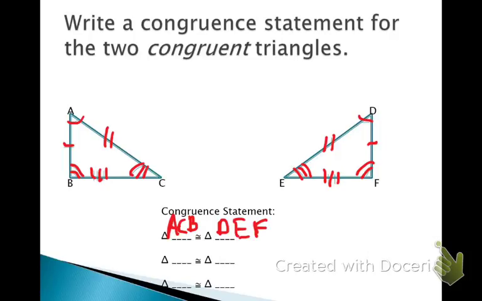If I name this second triangle FED, then I couldn't say they're congruent because the corresponding parts, as I've named it, aren't congruent. So you have to make sure you name them with the congruent parts corresponding to each other. Let's name the triangle a different way. Let's call it BCA. If I name the triangle on the left BCA, what would I name the triangle on the right?